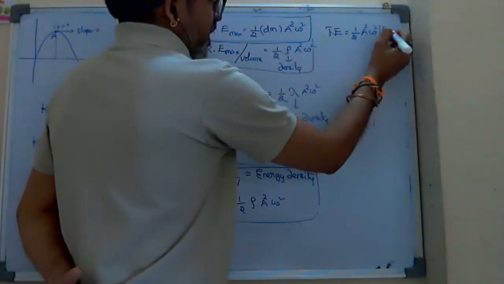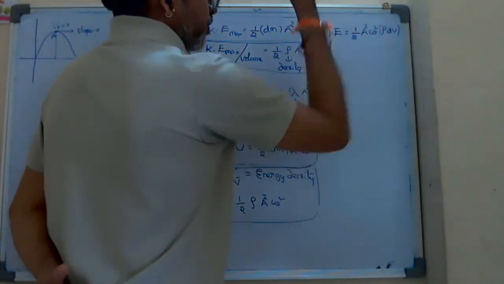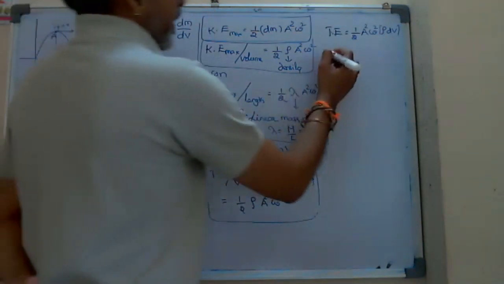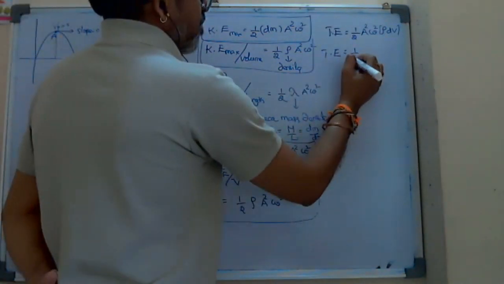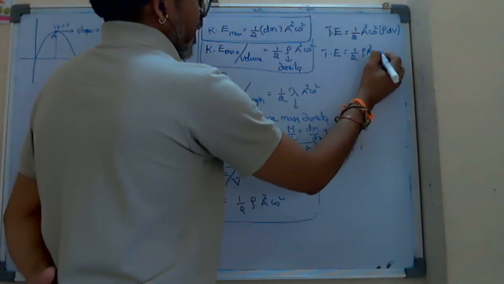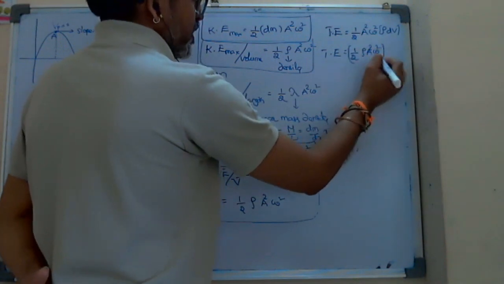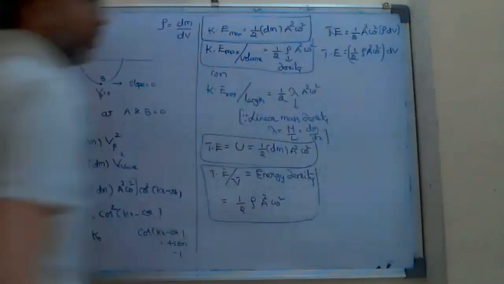So the total energy is the energy density, half rho A square omega square, into dv.